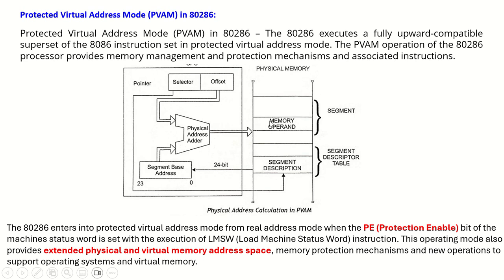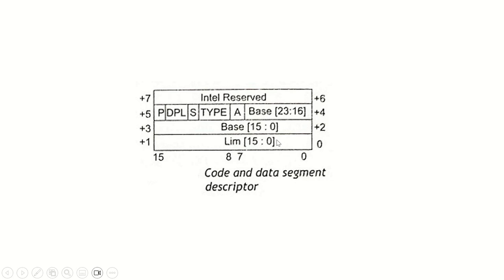This is how protected virtual addressing mode works: the selector, which is nothing but the segment register, provides the index into the descriptor table, which has a descriptor entry. The descriptor consists of the base address of the segment, and the offset value is added to generate the physical address of the segment. All right.